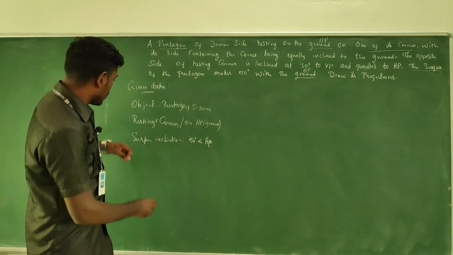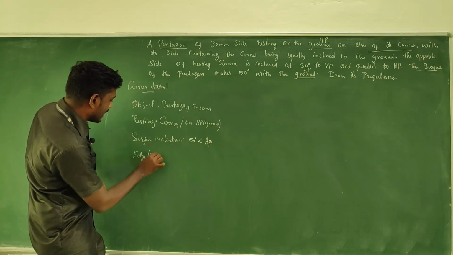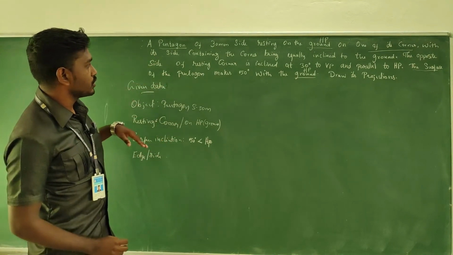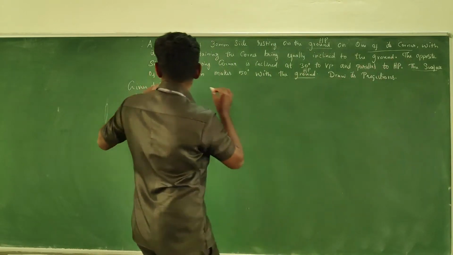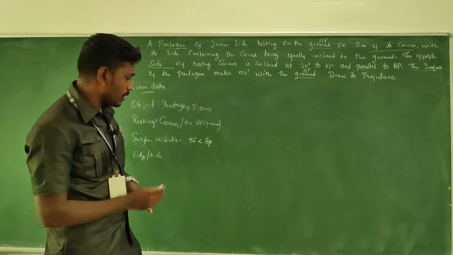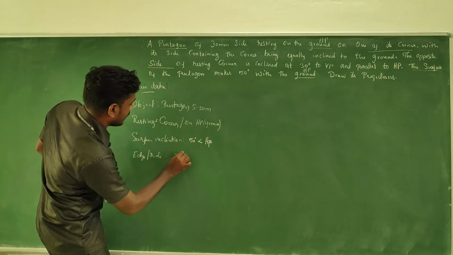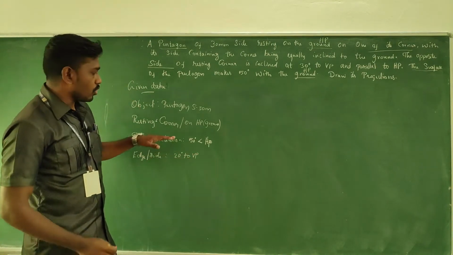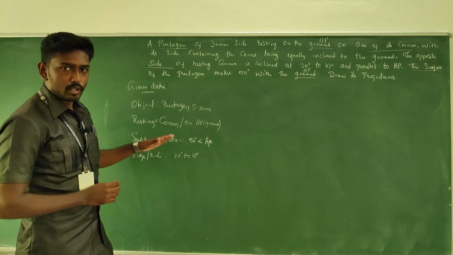And then what about the edge or side inclination? The opposite side of the resting corner is inclined at 30 degrees to VP. So this side is inclined 30 degrees to VP. Fine. So as far as this condition is concerned, it is inclined to both the planes.